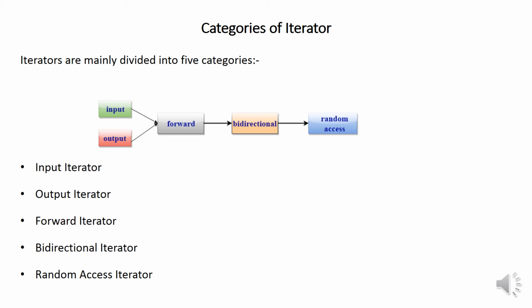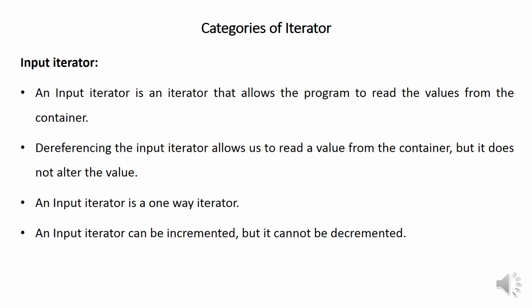And the last iterator is the random access iterator. So friends, what is a random access iterator? First the input iterator, that will read, and that is a one-way iterator.